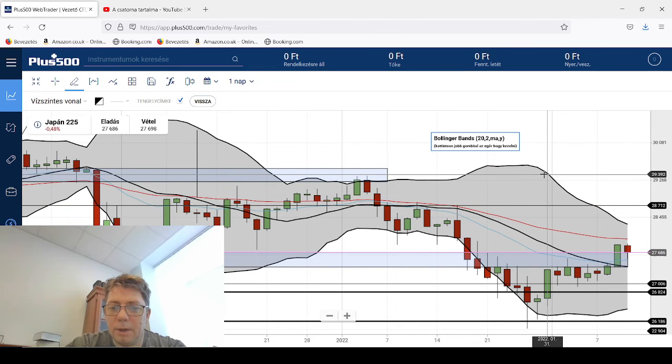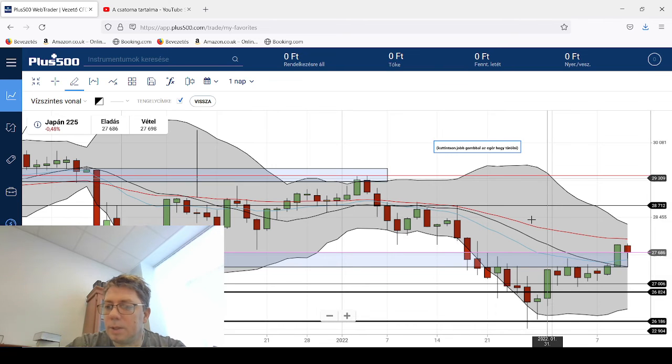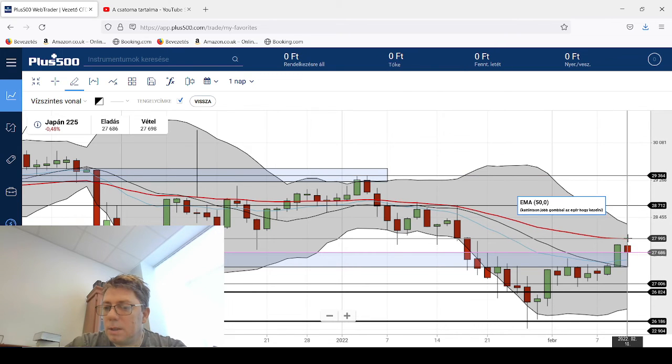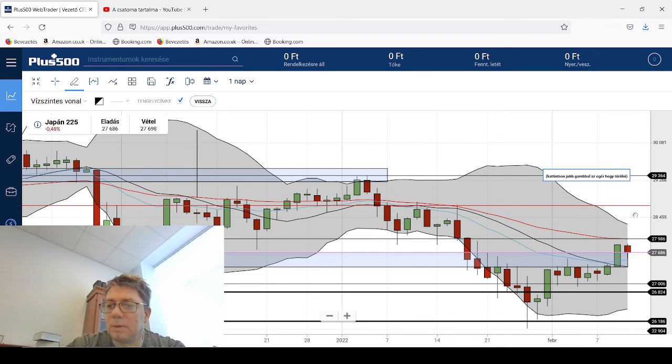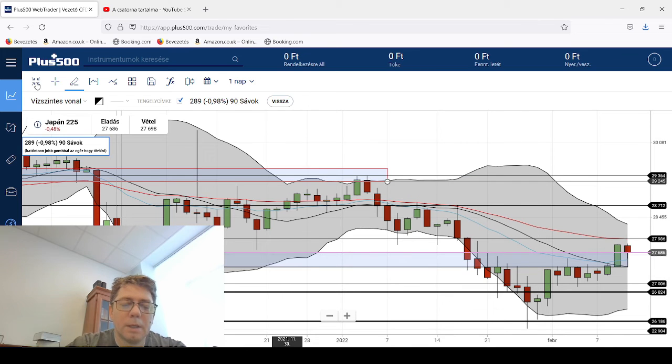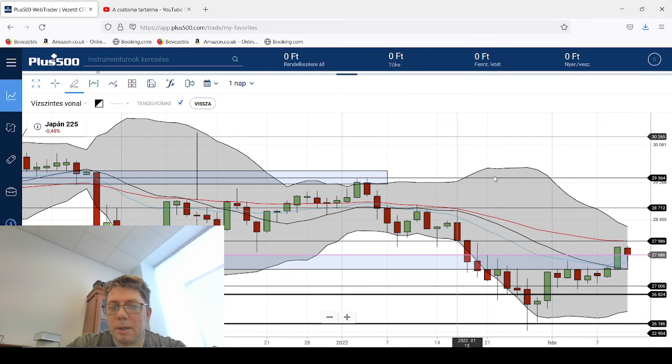Above there, 29,300. And that's the 50-day EMA, 27,980. So if we are above 28,000, then 28,700 is my price target. It's just as simple as that.